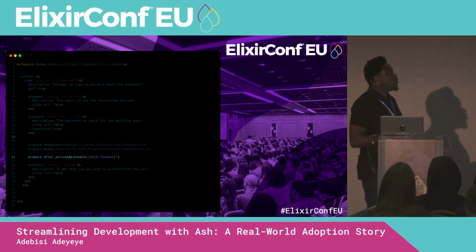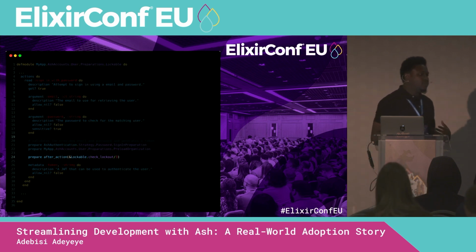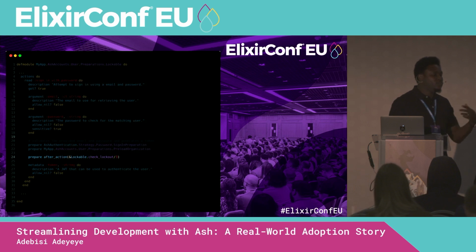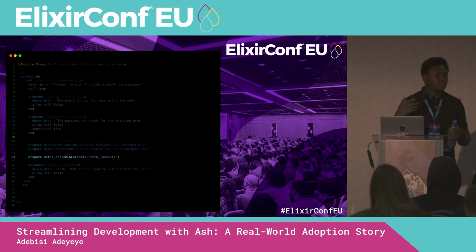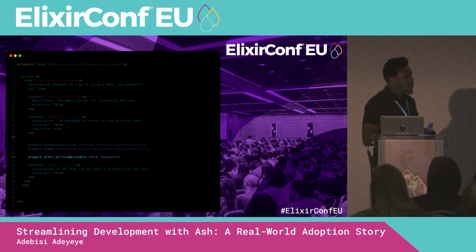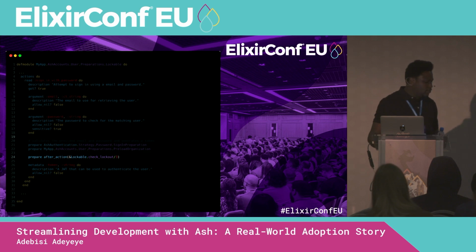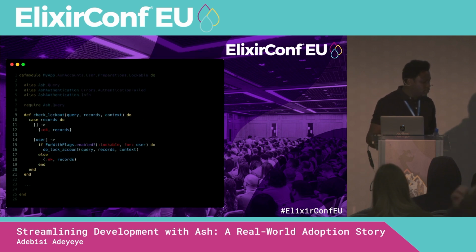Ash also has the concept of callbacks, whereby you can define where you want to tie into the operations. So we used the after action callback, which allows the sign-in preparation to do all it has to do. Then we get the result of that and determine if we needed to lock the user account out or not. And the implementation was also trivial.